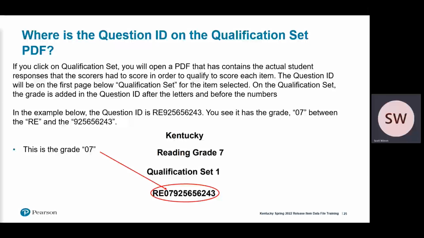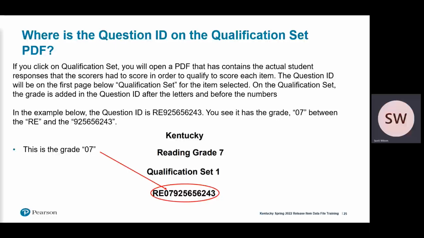Next, we have the qualification set. Once you click on a qualification set, you will open a PDF that has the actual student responses that the scorers had to score in order to qualify to score each item. The question ID will be on the first page below the qualification set for the item selected.